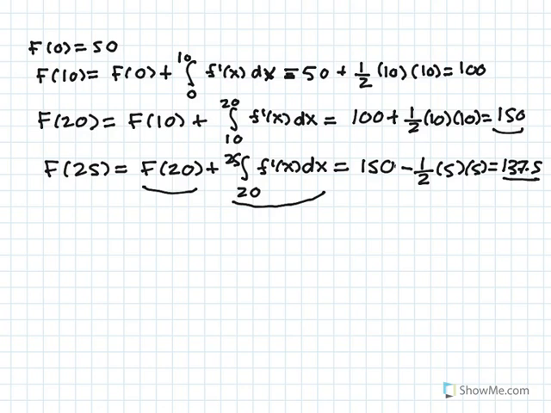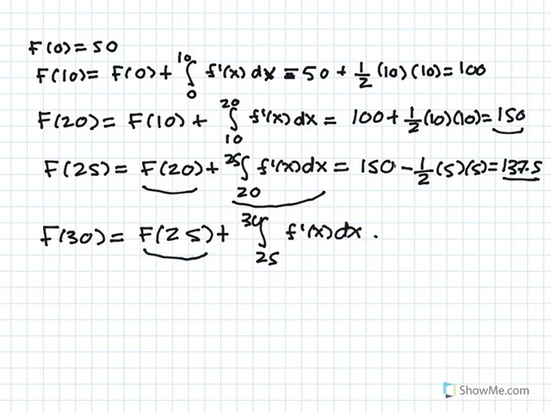137.5. All right, now let's look at F of 30. F of 30 is going to be capital F of 25 plus the integral from 25 to 30 of f prime of x dx.